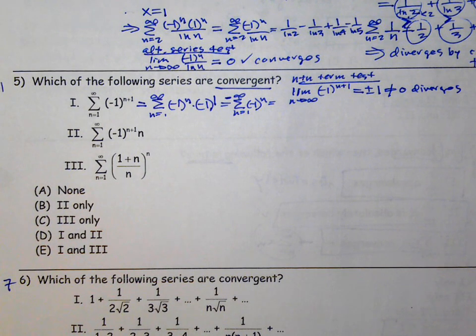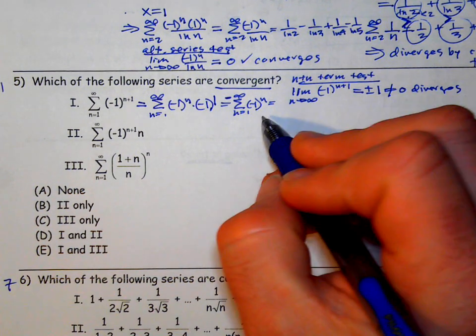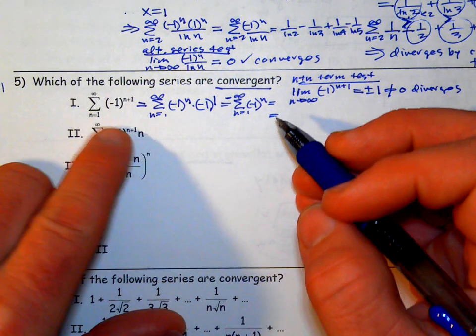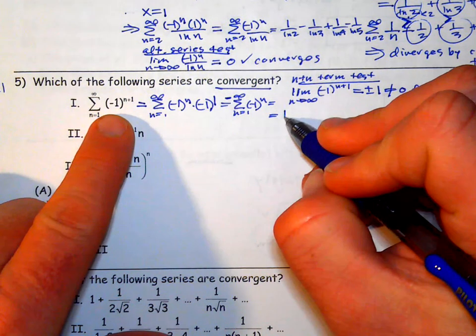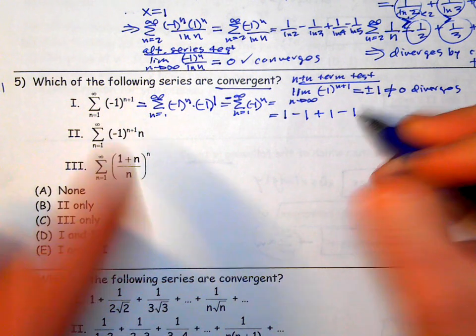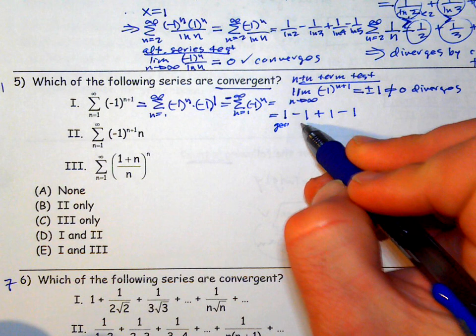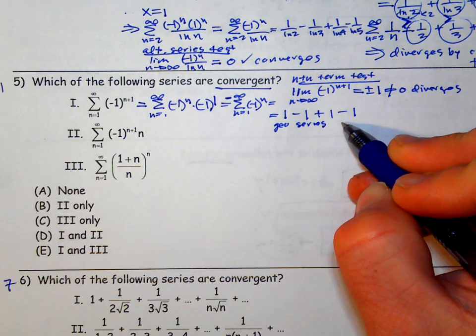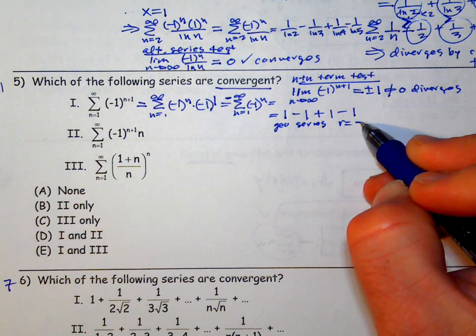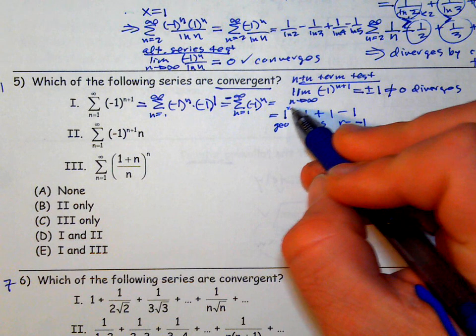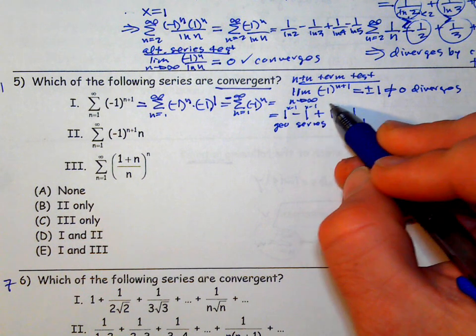You could also write it out. When n equals 1, that's +1. When n equals 2, it's going to be -1, +1, -1. This is actually a geometric series, and the R value is -1, because it's times -1 times -1 times -1.